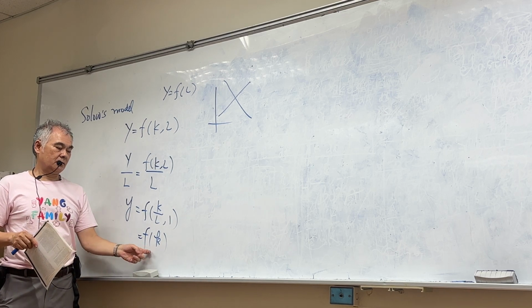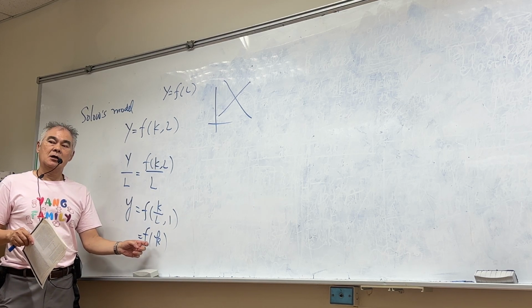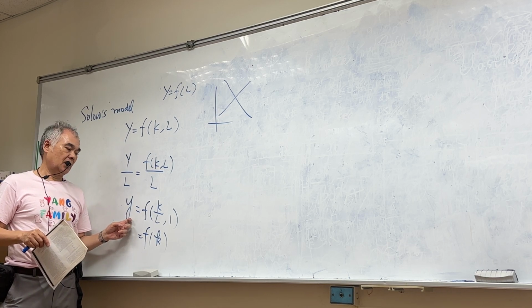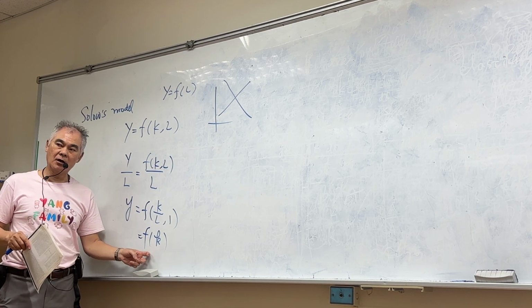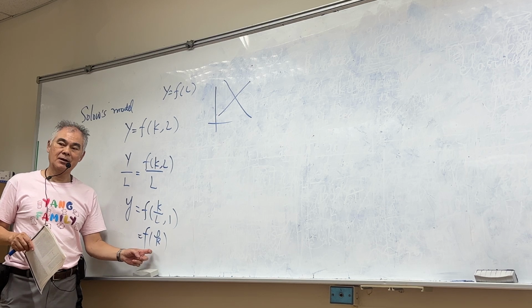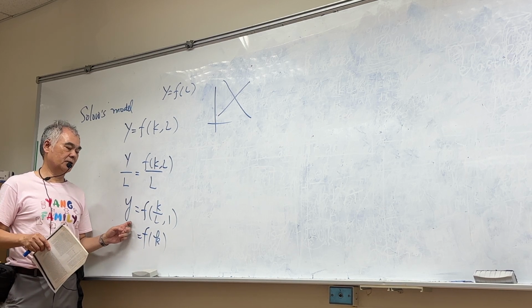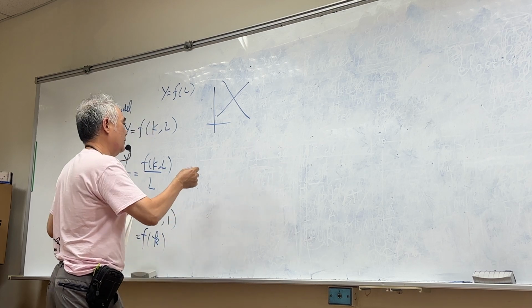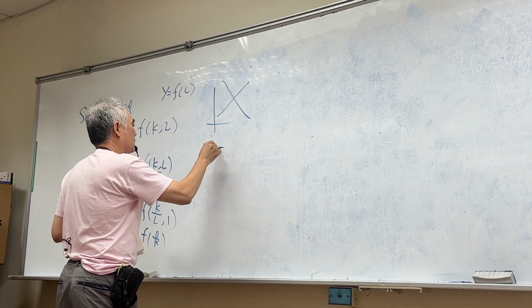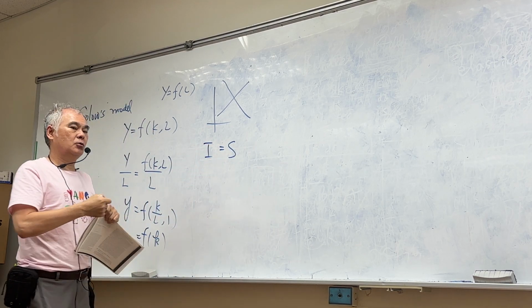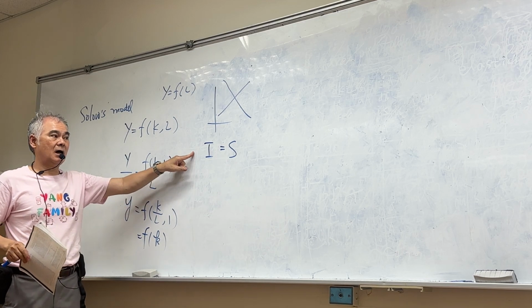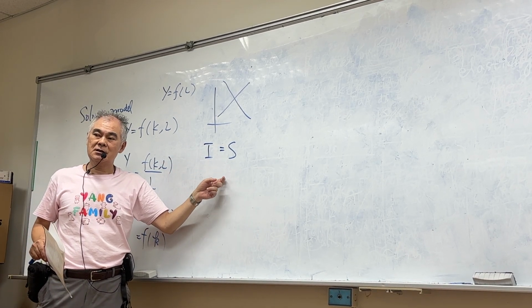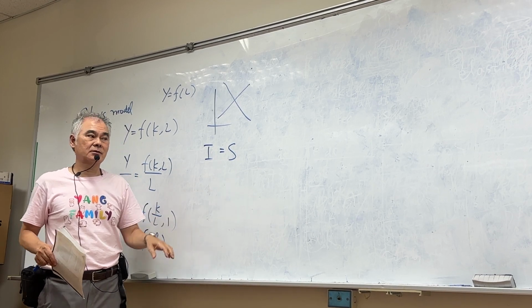So this now becomes per person production, and it is a function of per person capital. And the equilibrium is still this: I is equal to S. Investment equals saving.